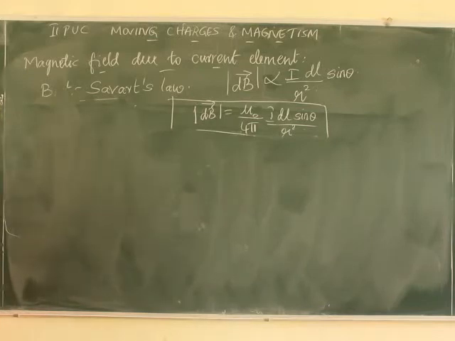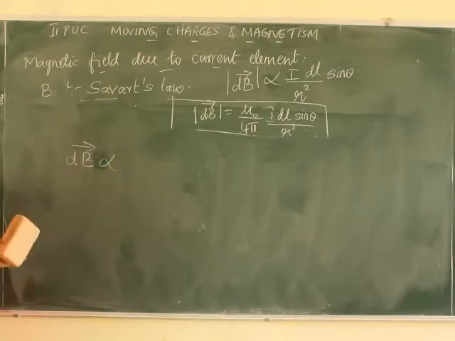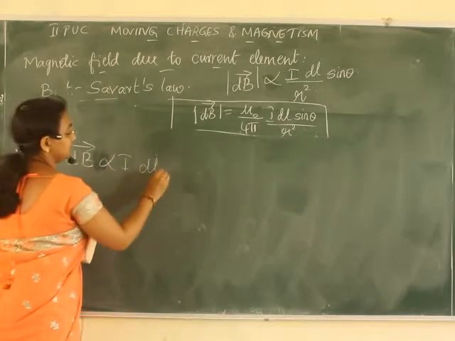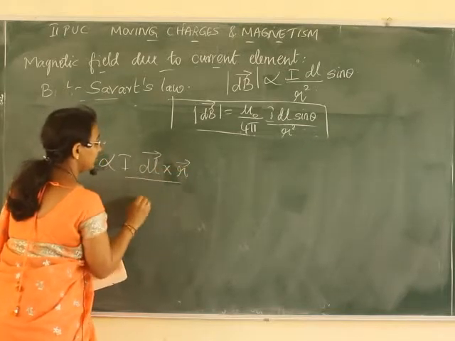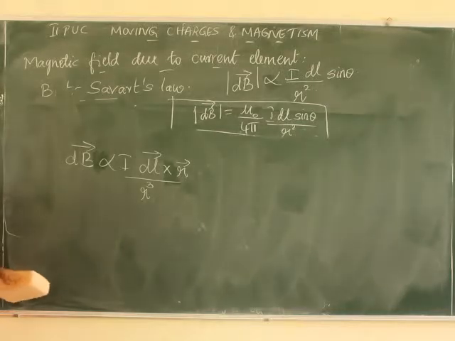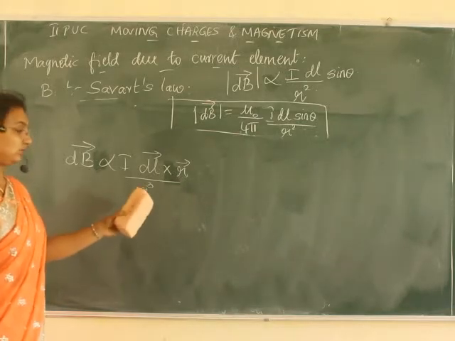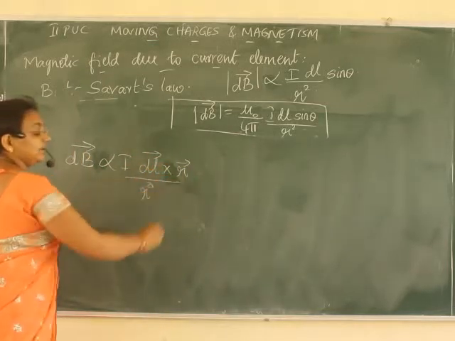You know how to write in terms of vector form? dB vector is proportional to I dl vector cross r vector, because theta is nothing but the angle between dl and r, correct?